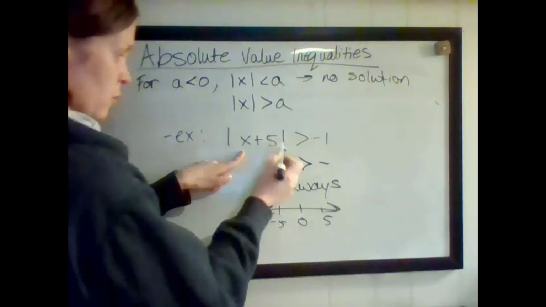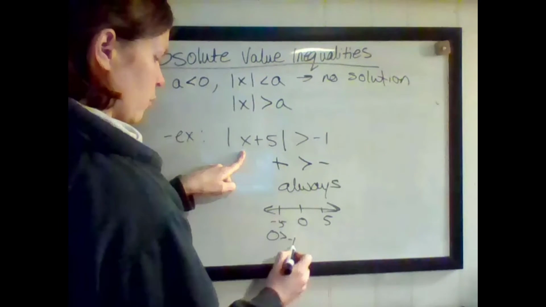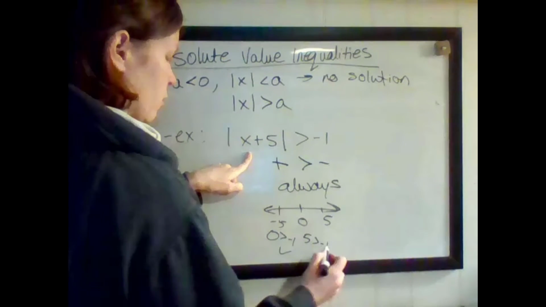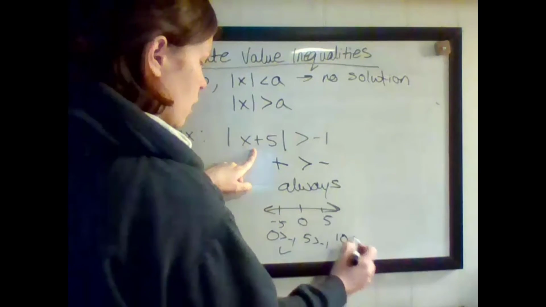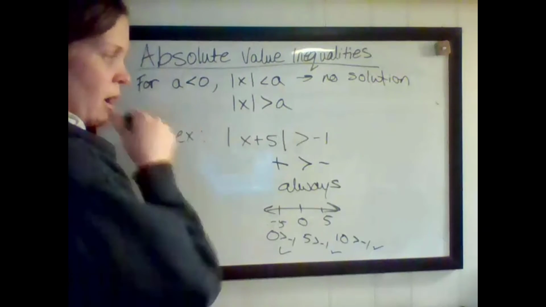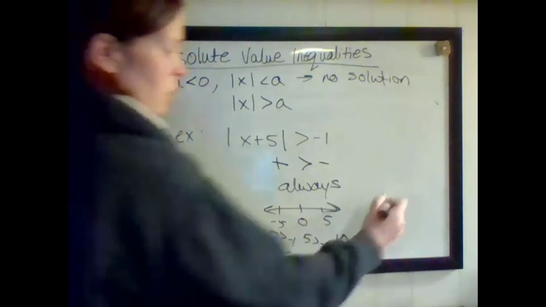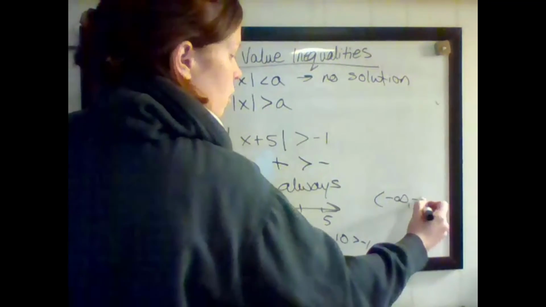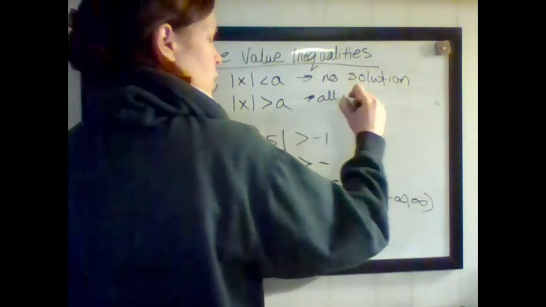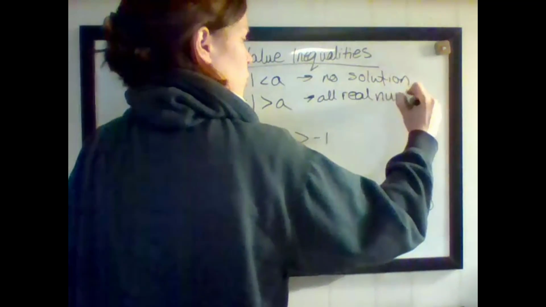Negative 5 plus 5 is 0. Is 0 greater than negative 1? Yes. 0 plus 5, is 5 greater than negative 1? Yes. 5 plus 5 is 10. Is 10 greater than negative 1? Yes. No matter what, this is going to be a positive. It's always going to be greater than a negative. So it would be all real numbers, or negative infinity to infinity. All real numbers are going to work.